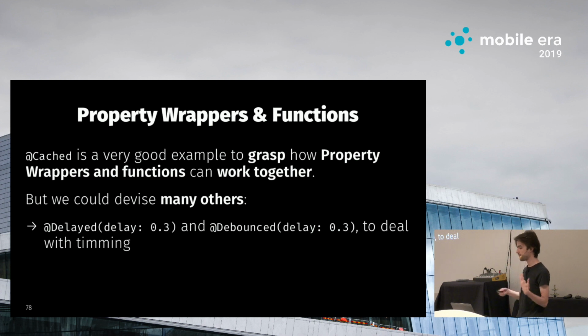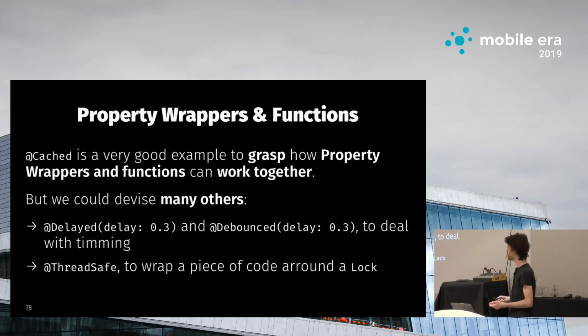So many of the tools that we find in frameworks like ReactiveSwift, we can implement with property wrappers in our code base. We could also implement mechanisms for thread safety, by having a piece of code whose execution would be wrapped around a lock, and the lock would be stored inside the property wrapper. So we could implement a @threadsafe property wrapper, etc.